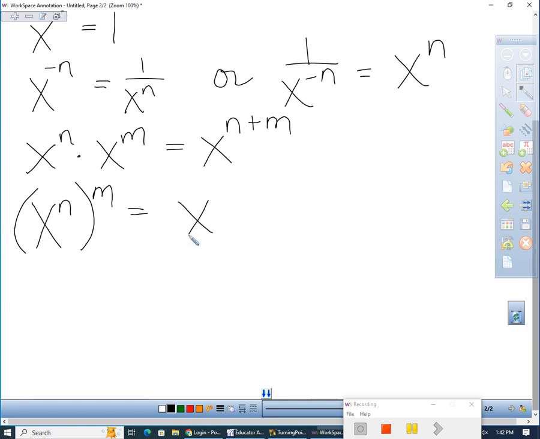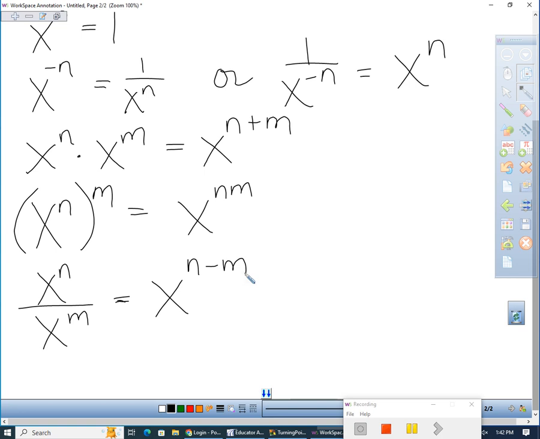We keep the base and we multiply the exponents. And then what if I have a base to the n divided by the same base to the m? We keep the base, and we subtract the exponents. So it's n minus m.